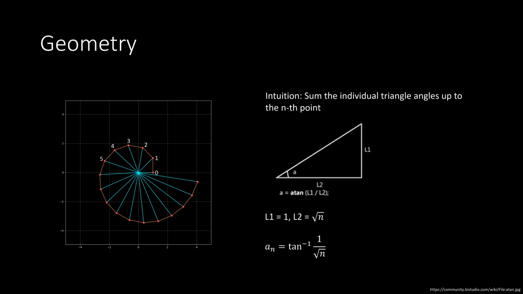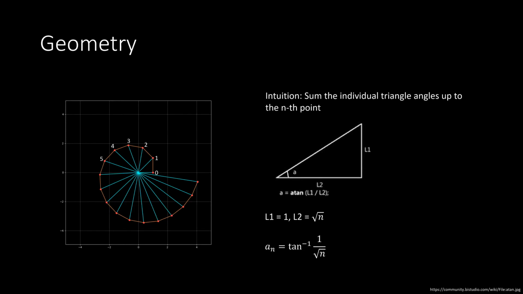From the way we construct our triangles, it's very clear that L1 is always 1 and L2 is the square root of n, so the hypotenuse of the previous triangle. So we can say that for the triangle A_n, or the nth angle, we have the inverse tangent of 1 divided by square root of n. Very simple.